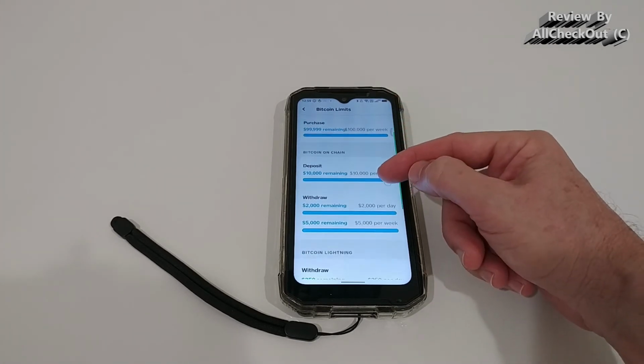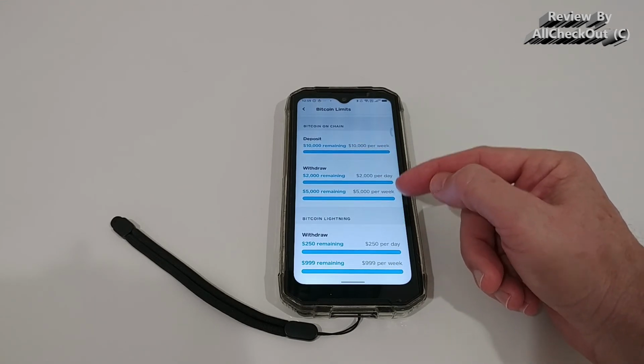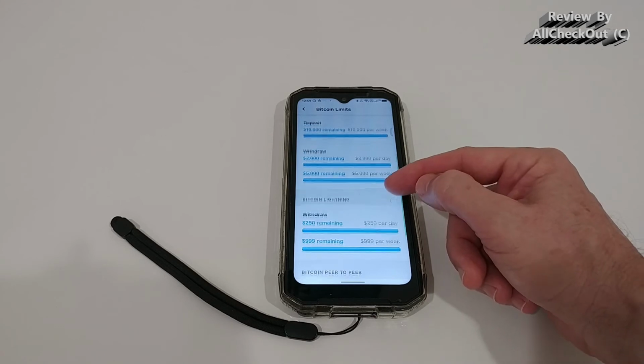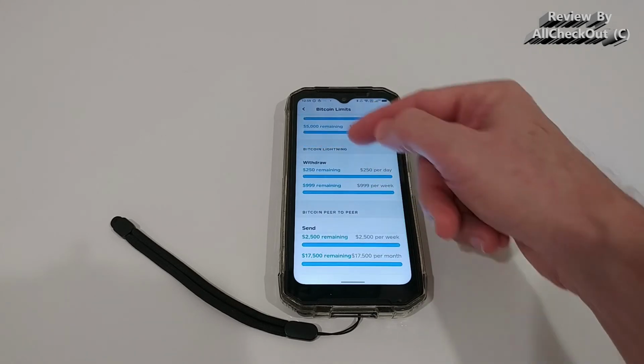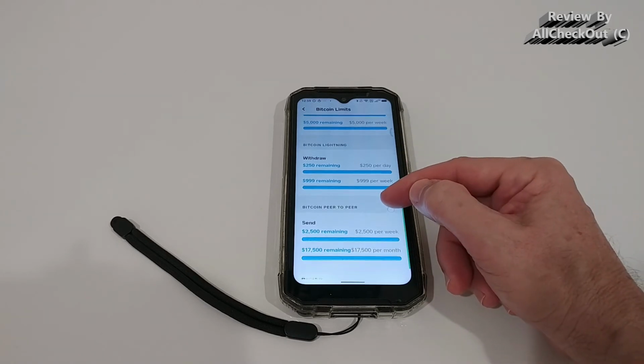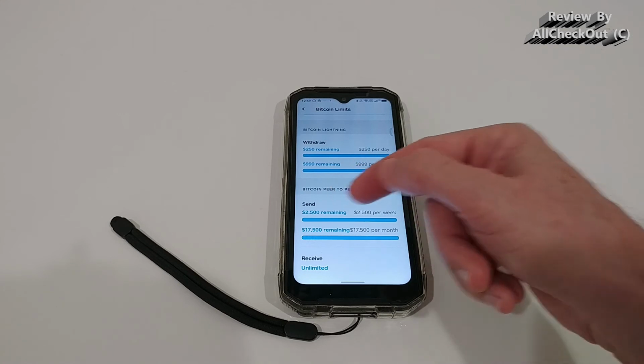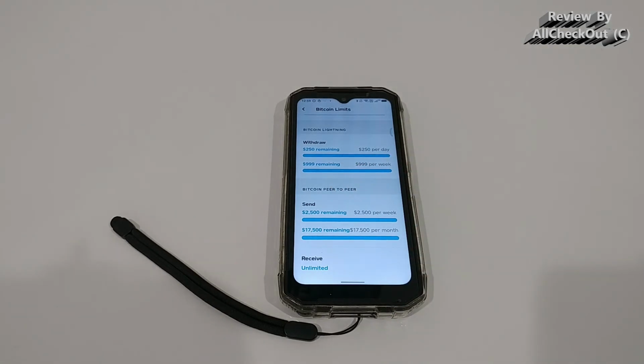Purchase per week, deposit per week, withdraw per day. It's only $2,000 or $5,000 per week. This Bitcoin Lightning, which means really low fees, is just $250 per day, $999 per week. These things you have to be aware of, that there are quite some limitations here.